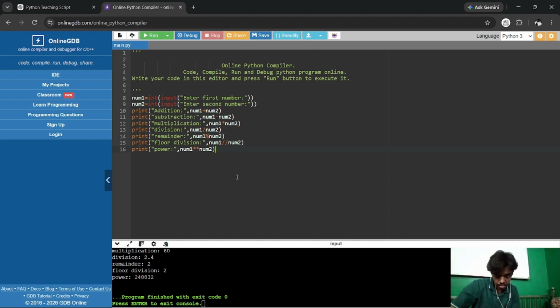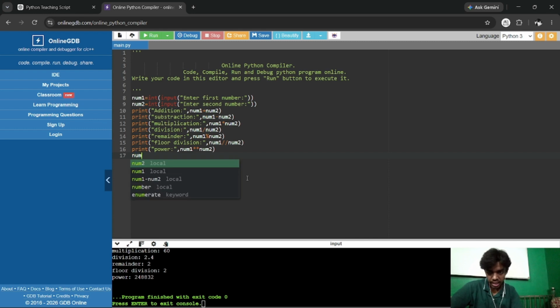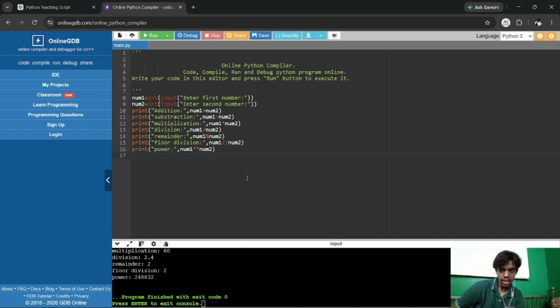So we have discussed each of the arithmetic operators we have learned till now. This is a kind of calculator we have made. Now I will be talking about the common beginner mistakes which everyone makes. People take input as it is in string, let's say enter number, and then they will print addition with it. That's a common error.